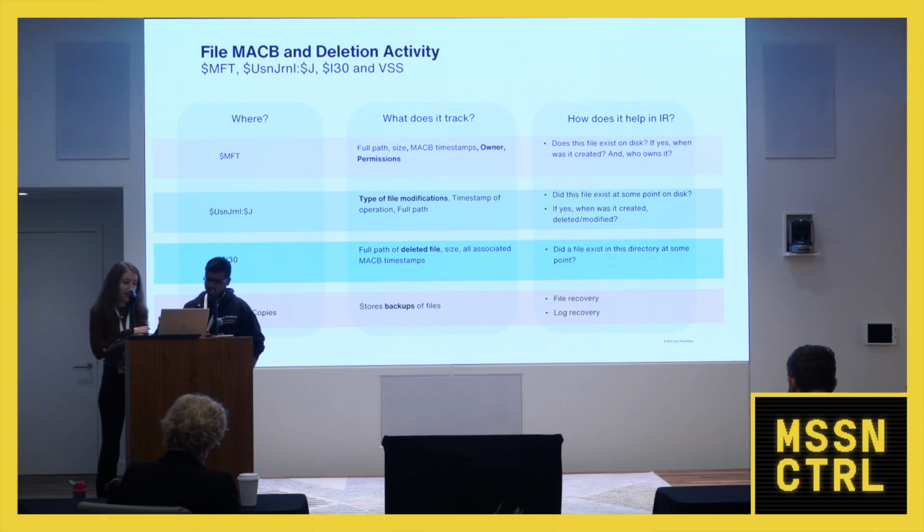The $I30 attribute is also an attribute for NTFS file systems, for files and directories on disk. What is interesting here, which we've used in the past on our investigations, is that you might be able to see what files previously existed within a directory by reading that $I30 attribute for a directory on disk.